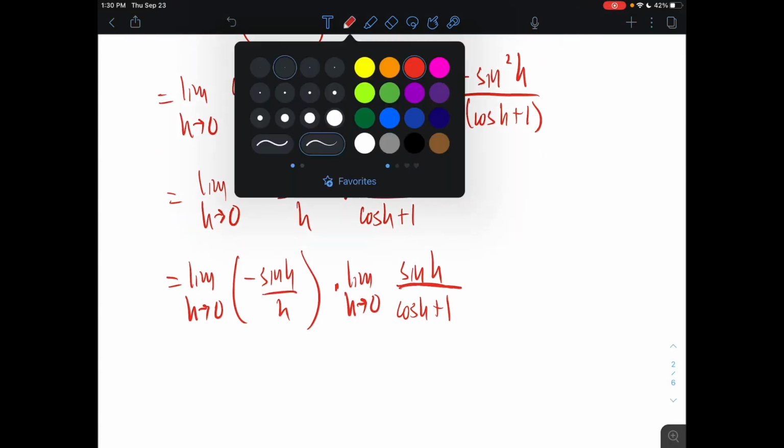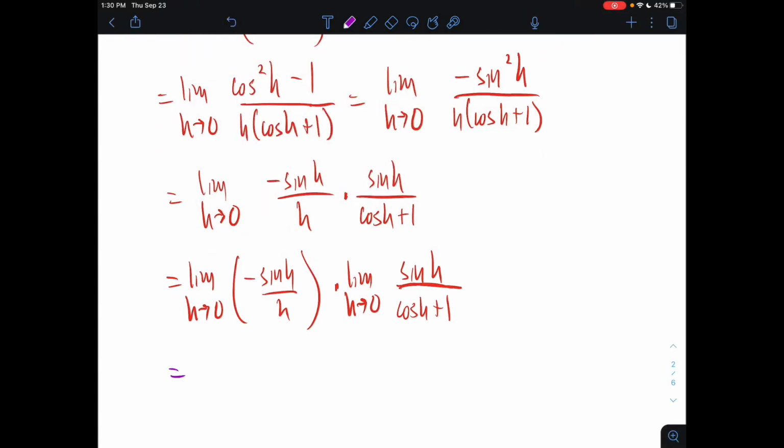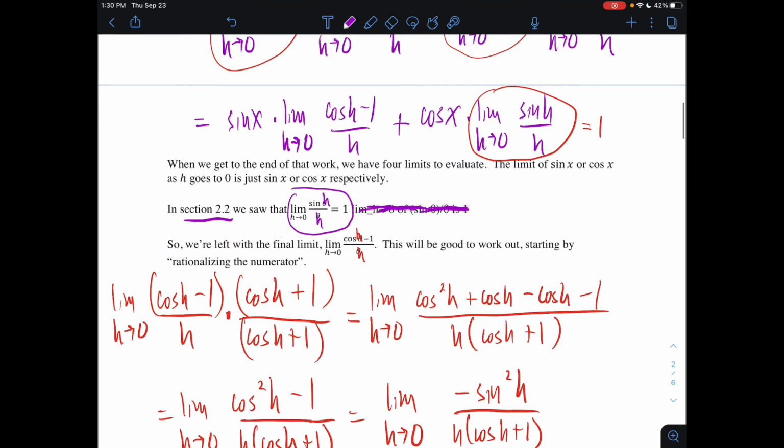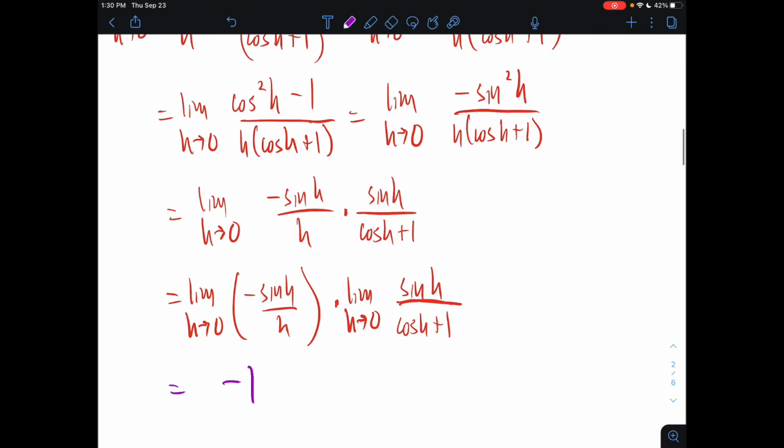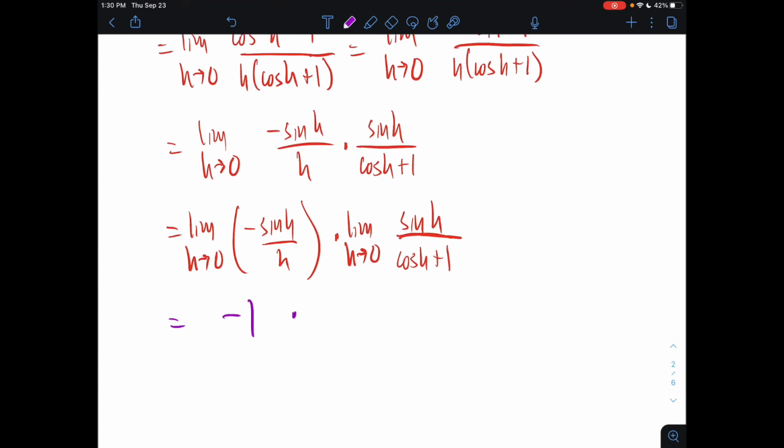And what we get is that the first limit is equal to negative 1. It's just the negative of the limit we established before, the one that came from section 2.2. And then the second limit is sine of 0 divided by cosine of 0 plus 1. That just becomes 0 divided by 1 plus 1, or 2. Both of those limits give us values that when divided tell us that the limit exists, and so therefore the whole product just becomes 0.